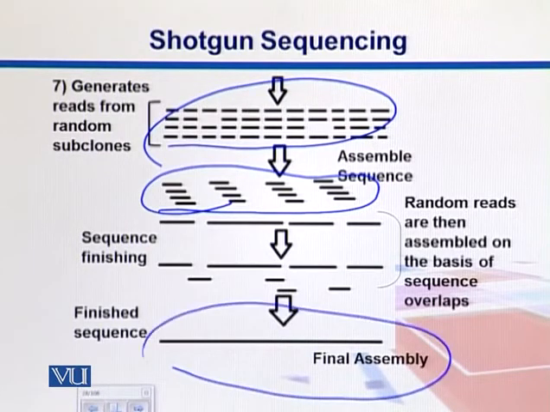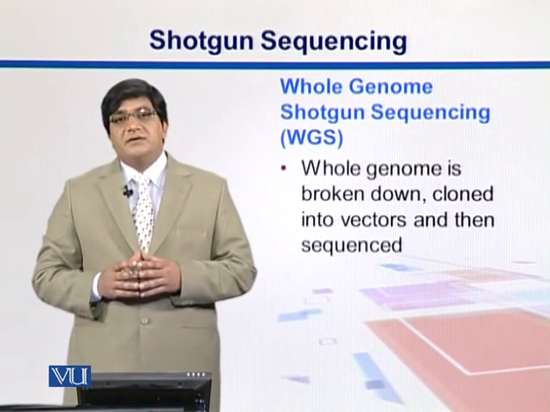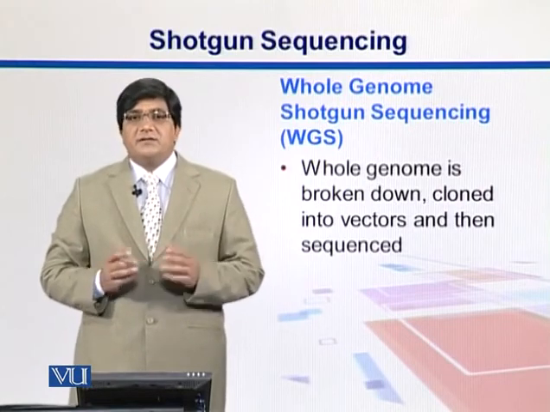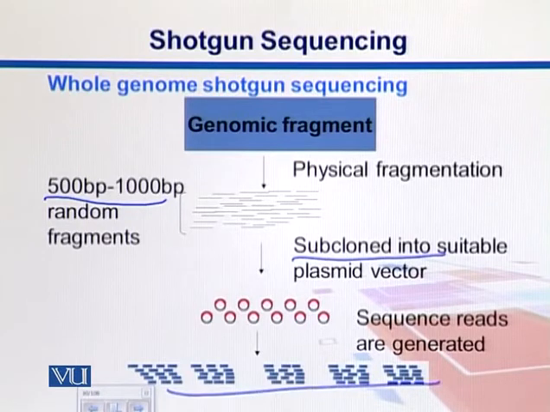In whole genome shotgun sequencing, we take the DNA fragments, clone them into vectors, and sequence them. Here we take the genomic DNA and break it into fragments of 500 to say 1000 base pairs, then simply subclone them and get sequencing reads just like we did earlier.